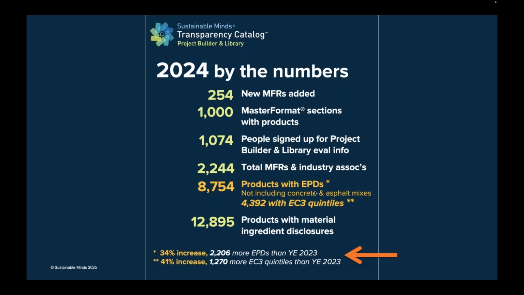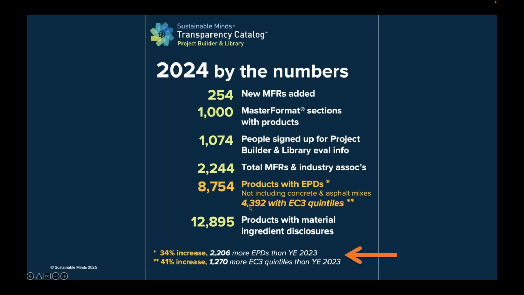They don't really help people select a product or a manufacturer for a job now. And so we link to the program operator site for those EPDs, but we don't include each individual one. So that's why the number is more like 8,000 rather than 120,000. You'll see Michaela's numbers.